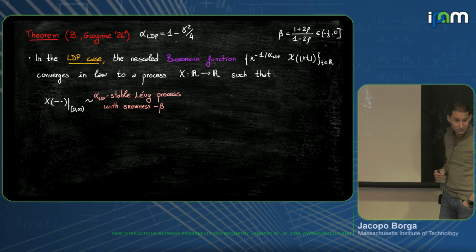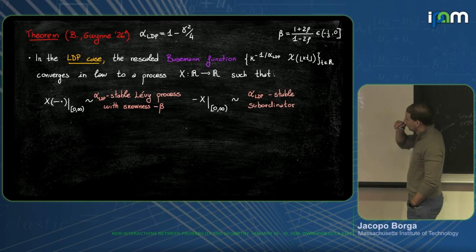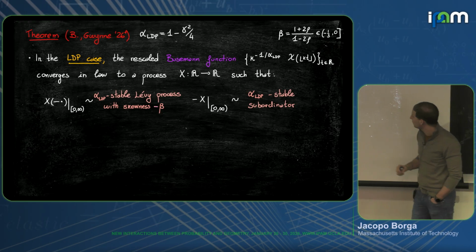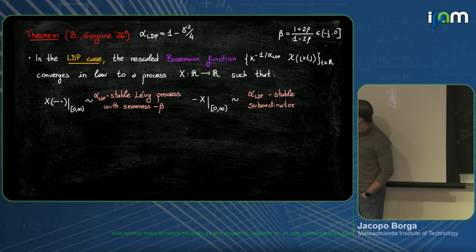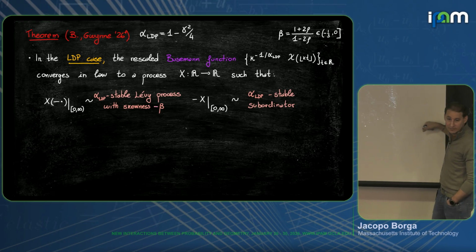Again, some number. And in the positive part, we have something similar to before. It is again an alpha-stable process, but in particular a subordinator. So since we have a minus, it means that in the positive part, you have just negative jumps.